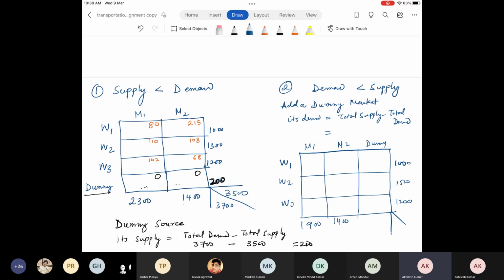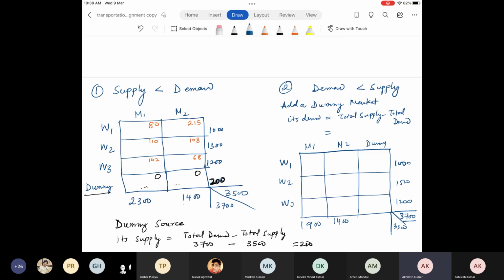If you add them, how much does this come out to be? 19 plus 14 is 33, so 3300. This is the demand. Supply, however, is 15 plus 12 is 2700 plus 1000 is 3700. So I have 400 units extra.